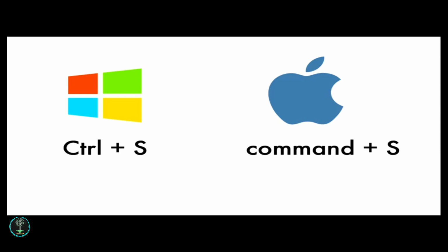If not, you can always go to the menu bar and press the save button there as well. But if you start using these shortcuts, it will save a lot of time. And as we go writing code, I'll start teaching you a lot of these shortcuts. So press Control and S if you're on Windows and Command and S on Mac OS. That will save you some time and it will save the file.